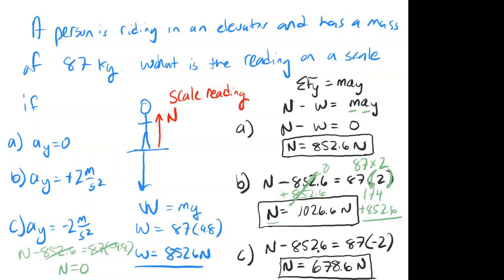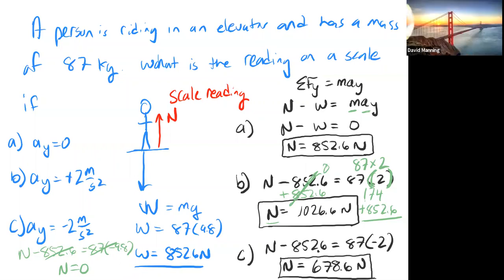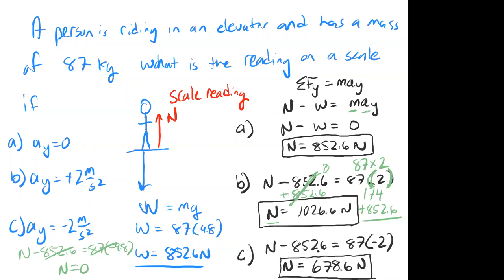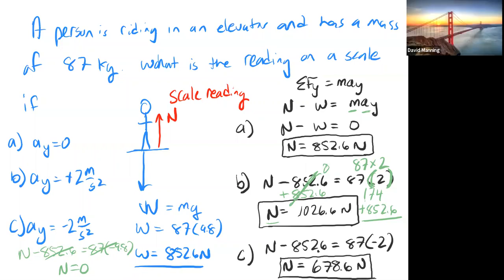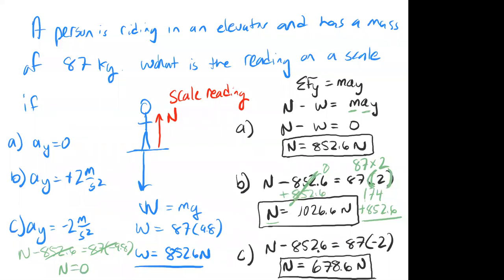I thought that parenthesis was like a 6. Oh, no, sorry. It's 87 times 2. Can you see it now? I hit escape and I just moved the list of people away from it. I can see it now.